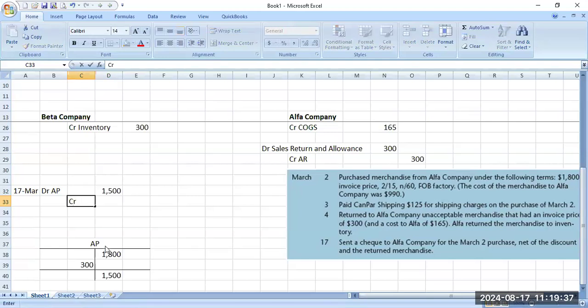So the credit will be cash, and that will be equal to 1,500 minus, in brackets, 1,500 times 0.02.